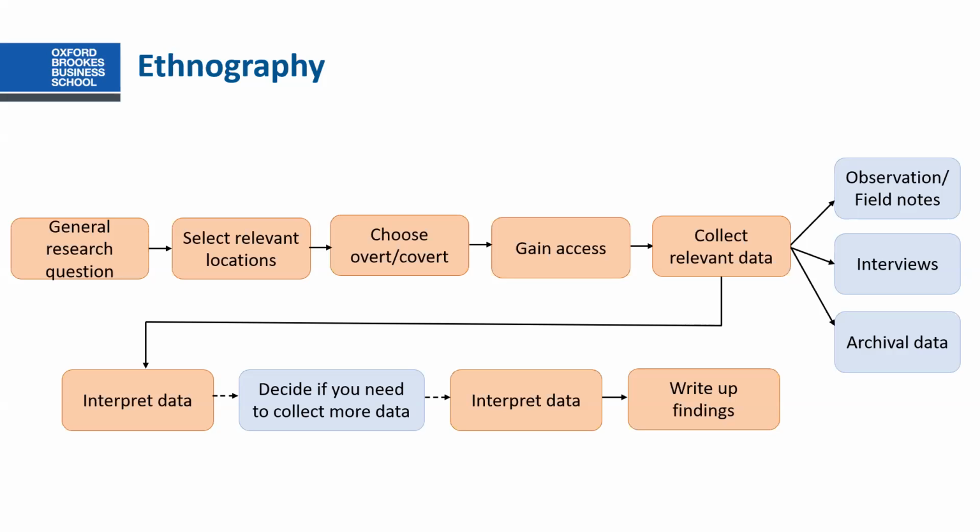After you choose overt or covert, you need to gain access, because you will be in the field or in the community where those people live or work. So it's necessary for you to obtain permission for access to those locations that you are planning to research. And it's recommended to obtain this permission in writing.